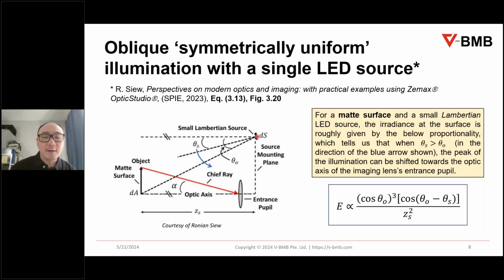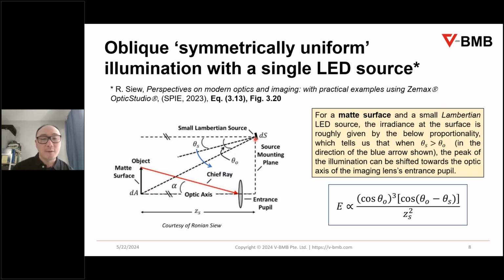But what you'll find is that if you tilt the source so that it points directly at the center of the object, the peak intensity is not right there. It is actually more towards the top here, right? By pointing the source directly at the center of the object, you will not get the brightest part of the illumination at that center. It's not obvious.